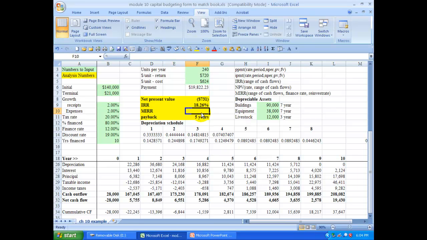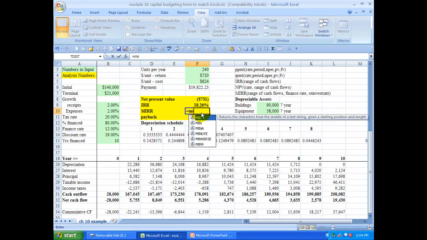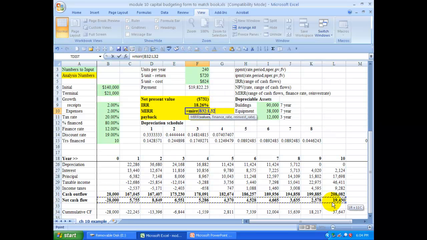So the next thing is the MIRR, so equals MIRR, open parentheses, my values, so my cash flows for year 0 to 10, comma, the finance rate, comma, the reinvestment rate, which we're assuming is the discount rate, and then close parentheses.